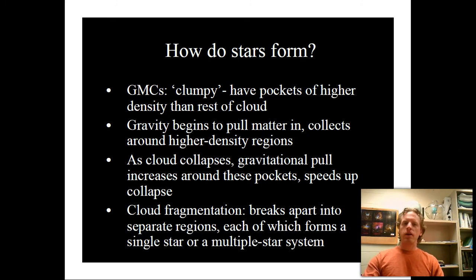So anyway, how do these stars form? That's the next question. So first of all, these giant molecular clouds are very big and very massive, and it's not just going to be one or two stars, but a whole bunch of stars that form from these giant molecular clouds. What happens is we have gravity, and gravity tries to pull everything inwards.